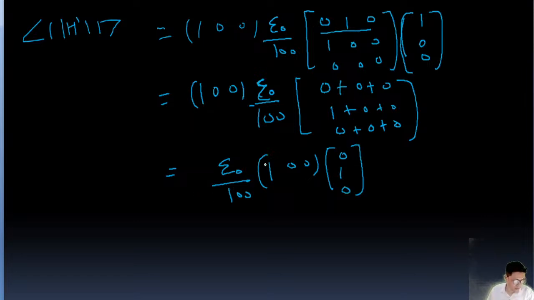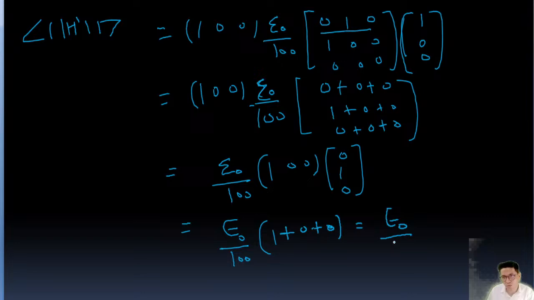Then we solve it: E0 upon 100, and this is 1, this with this, and this is going to be 1 plus 0 plus 0. So <1|H'|1> we have found.